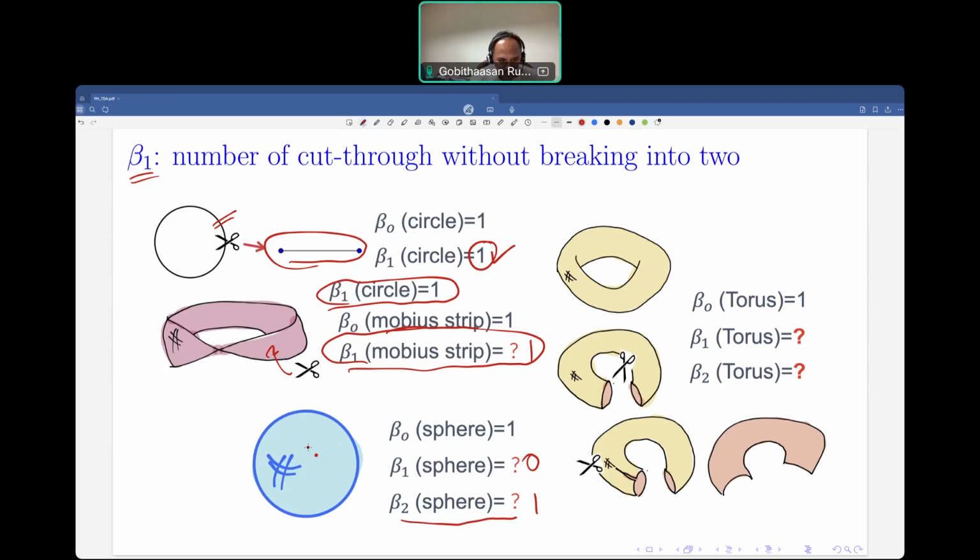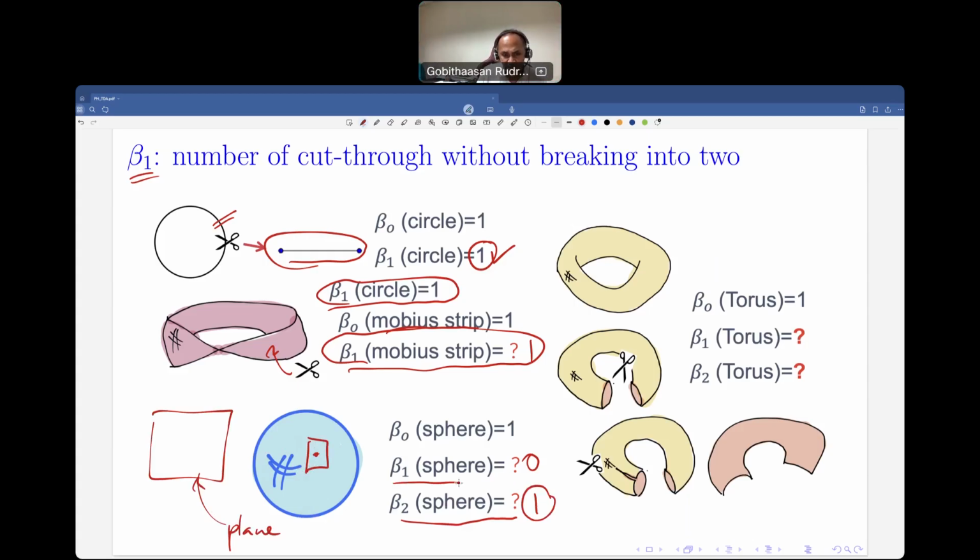For example, you cut through here. If you make one poke, you can strip it out and make a plane. You made one poke, which goes through that face. So that's why Betti 2 is 1.